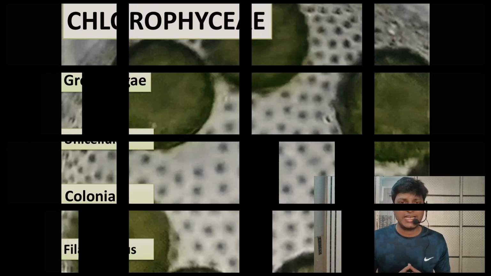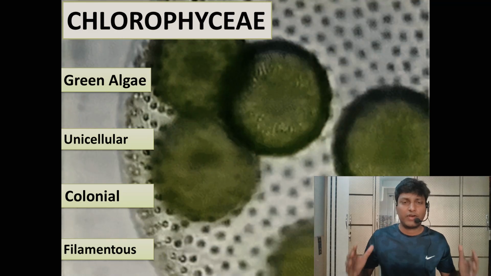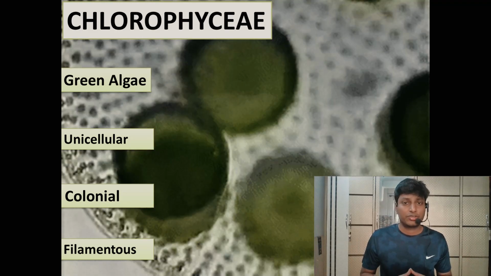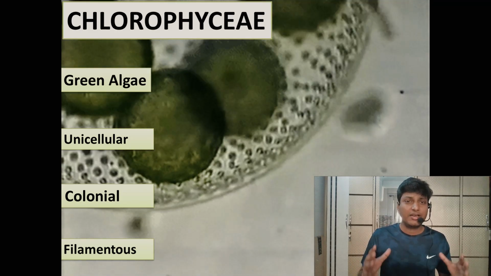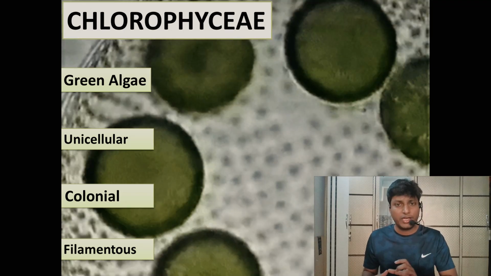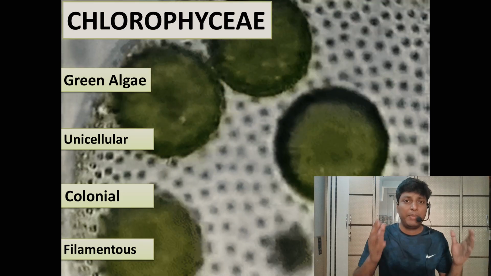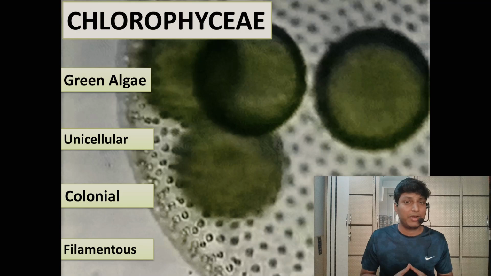Now dear students, the very first type of algae, what is the name of that algae? It is called Chlorophyta. Basically, here the word chloro comes from the word chlorophyll, and you all know what chlorophyll is. Chlorophyll is nothing but a pigment which is present in the green plants.